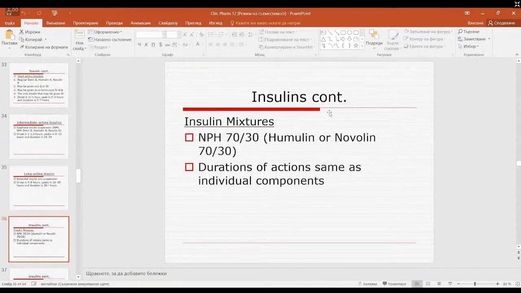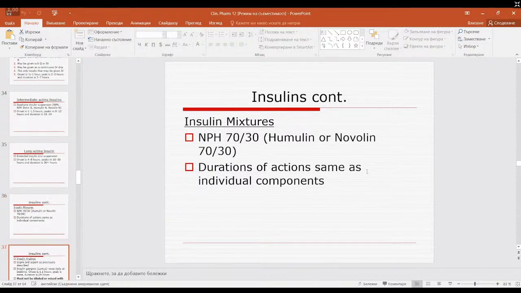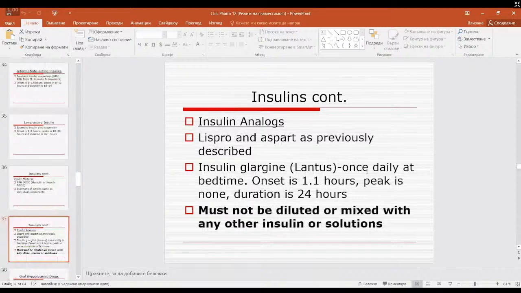There are also insulin mixtures like NPH, 70% to 30% of Humulin or Novolin, and the durations of action are the same as the individual components of these insulins. Lispro and Aspart are fast-acting, rapid-acting insulins, and insulin glargine's trade name is Lantus.